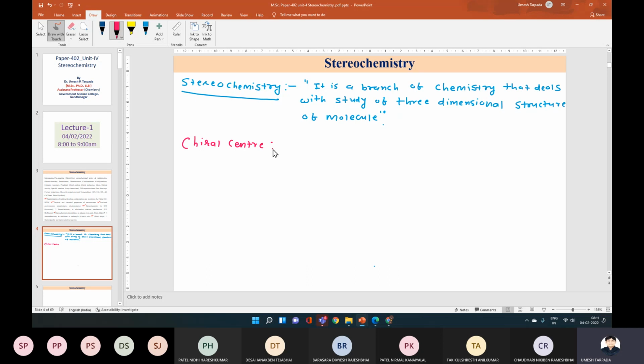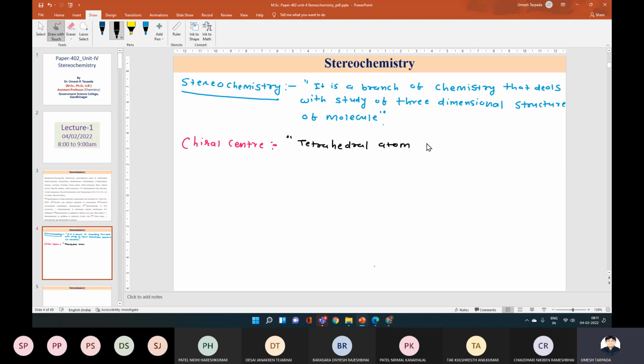The definition of chiral center is very important. That is, a tetrahedral carbon attached to four different ligands. Tetrahedral atom is the general word.